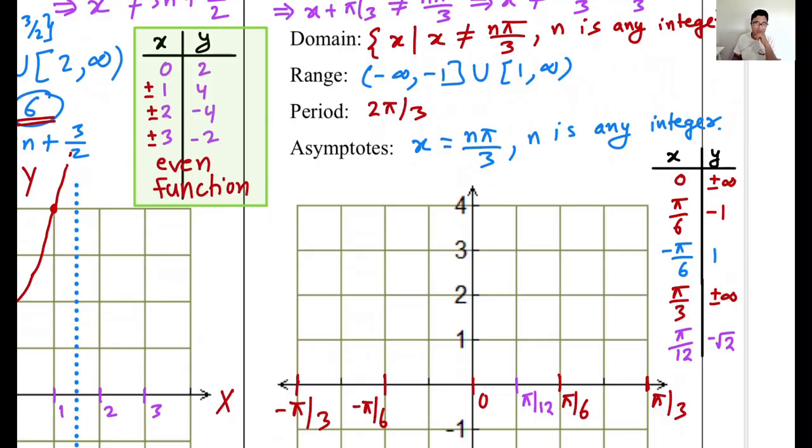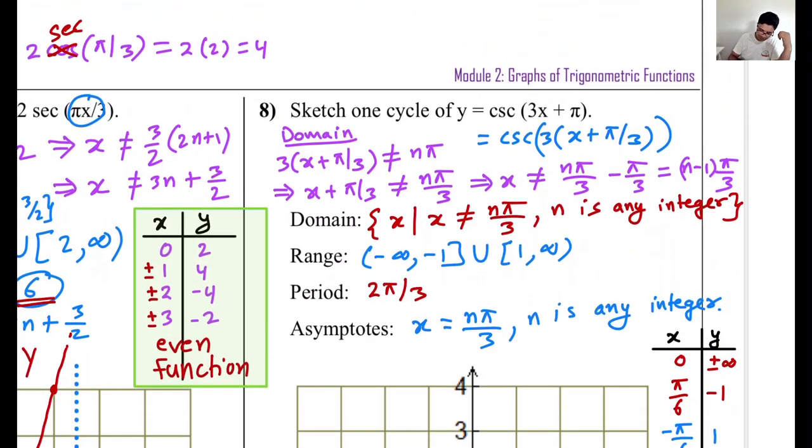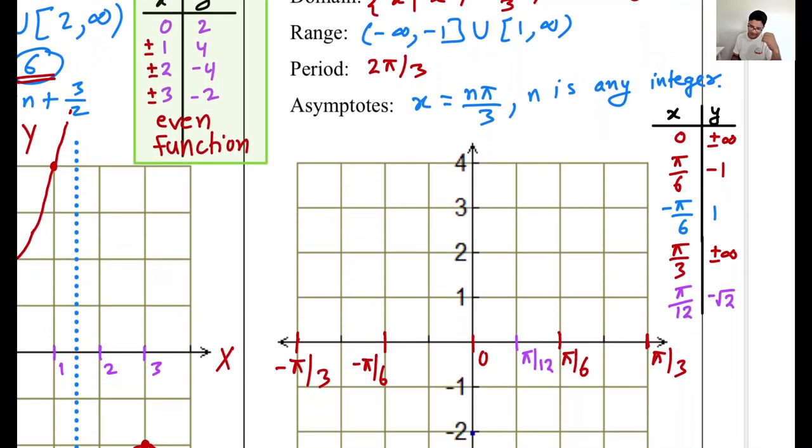Then I remembered cosec x is an odd function. I'm going to write that here now. You should also make note of it. It's a reciprocal of the sine function, right? Sine is an odd function, so this is also an odd function, which means I don't have to calculate again. At negative pi over 6, the y value will be 1.